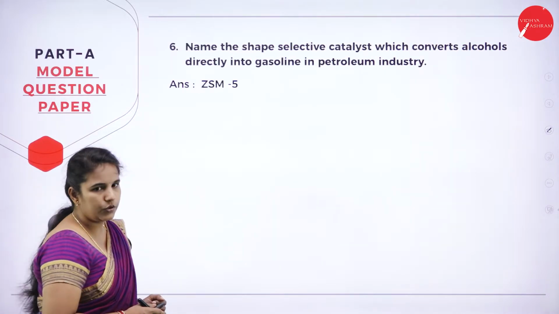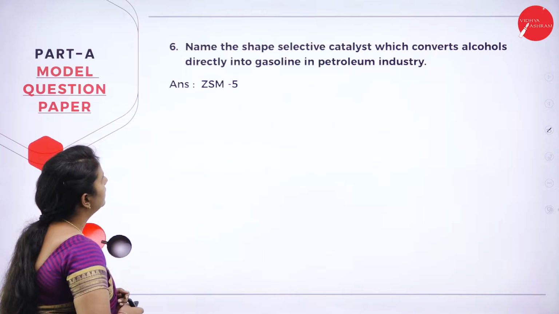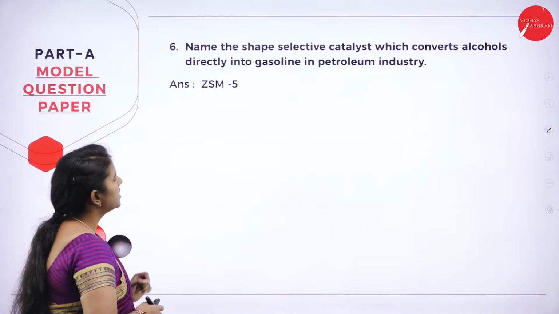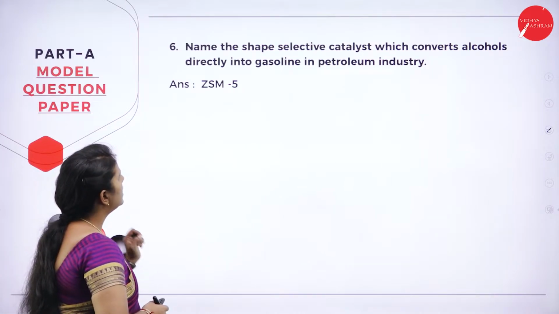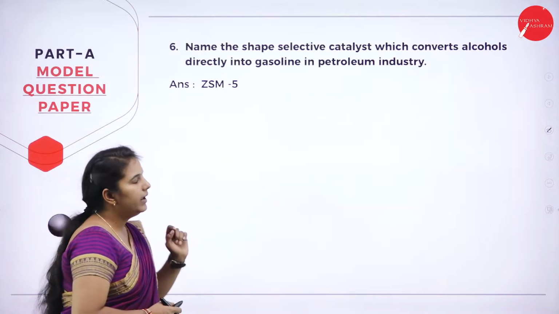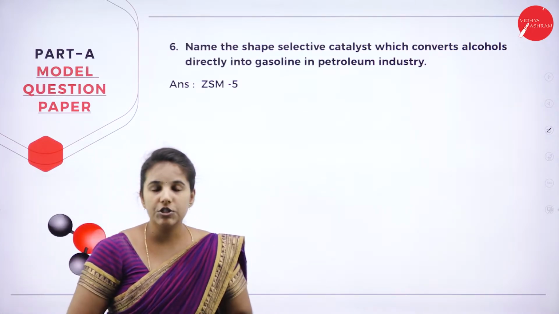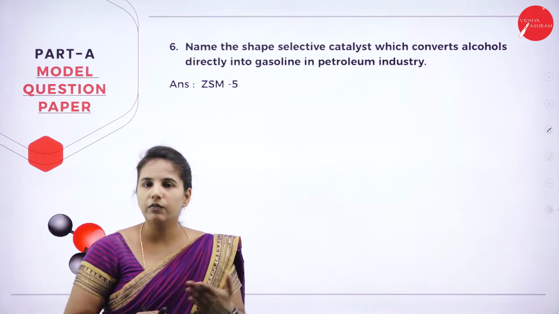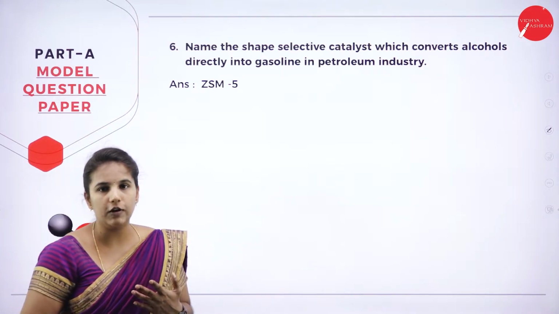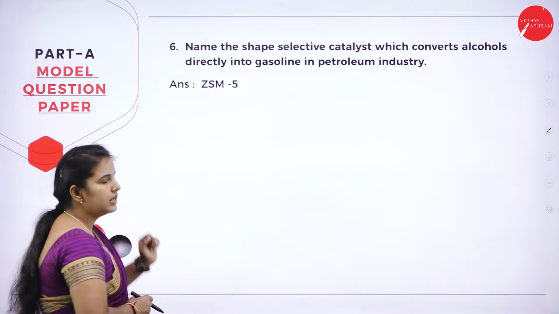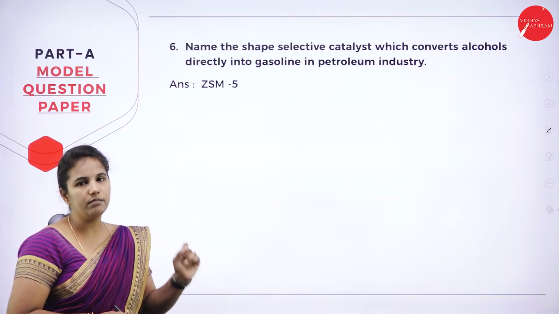Coming to the sixth question, name the shape selective catalyst which converts alcohols directly into gasoline in the petroleum industry. Which shape selective catalyst are we using? We know that we are using zeolite, and it is represented as ZSM-5.